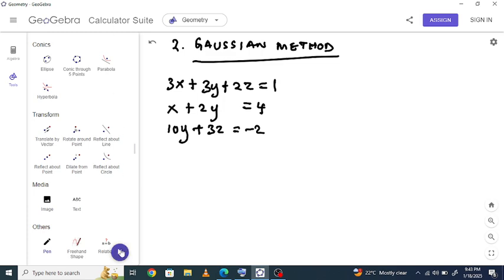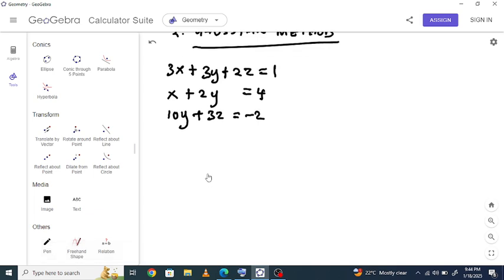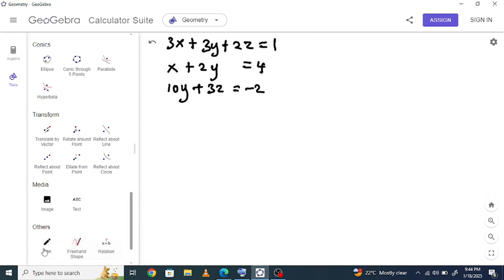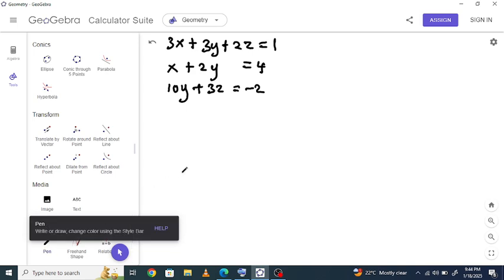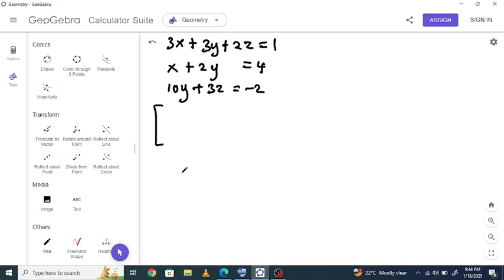We are simply row reducing. So our equations will be written in the form of a matrix. We will have 3 1 0, 3 2 10, 2 0 3, and then on the other side we will have 1 4 -2.